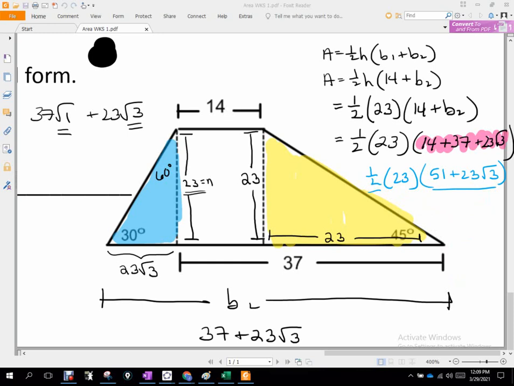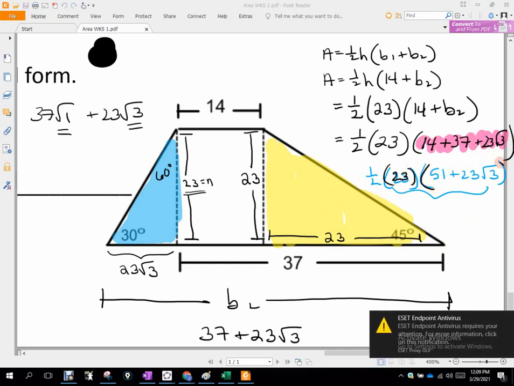I don't think one route is going to be any easier than the other with these numbers because they're odd values, and no odd value works real well with a half, right? So I'm going to multiply those two together. So when I multiply those two together, what does that notation mean I have to do if I've got a number out here multiplied by a quantity? What do I have to do with that 23?